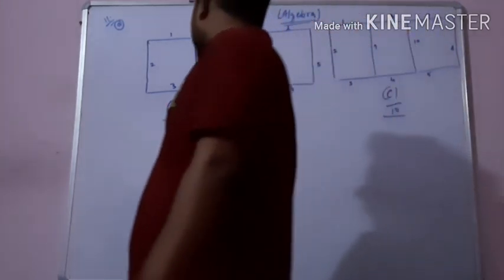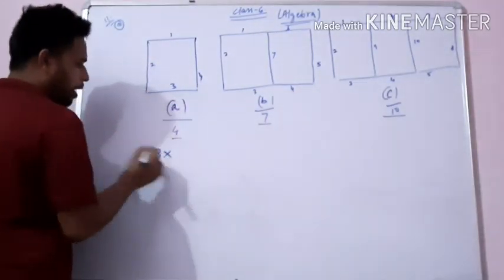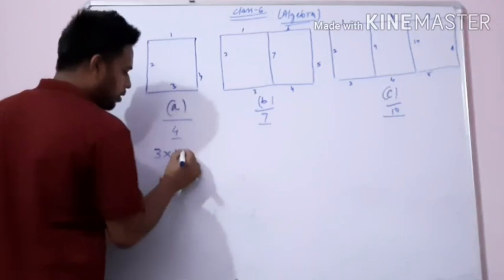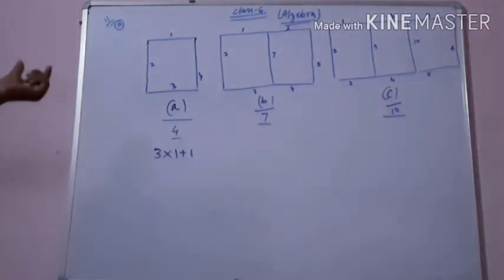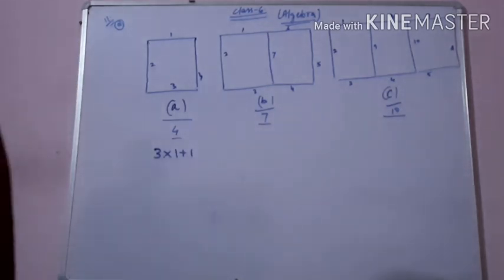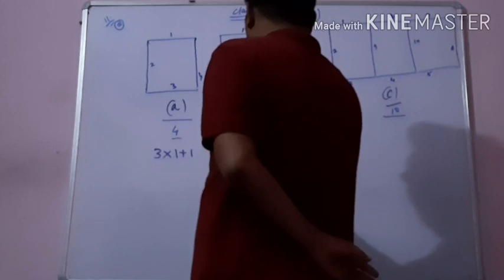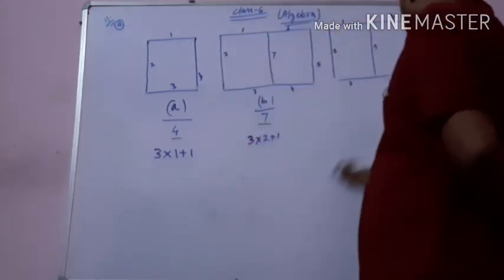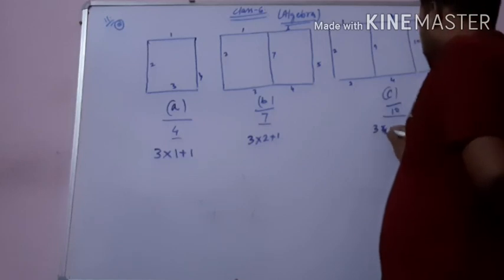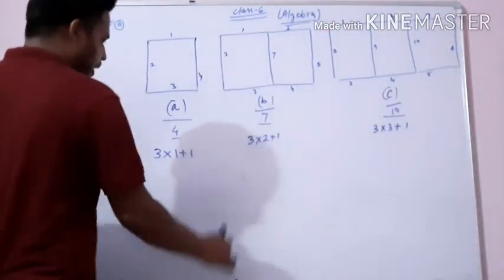How can 4 be written? 4 can be written as 3 multiplied by 1 plus 1. And 7 can be written as 3 multiplied by 2 plus 1. 10 can be written as 3 multiplied by 3 plus 1.